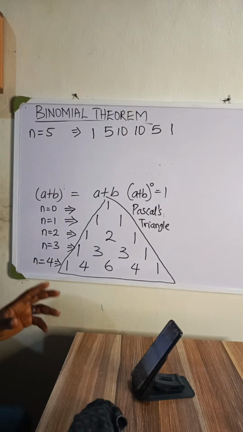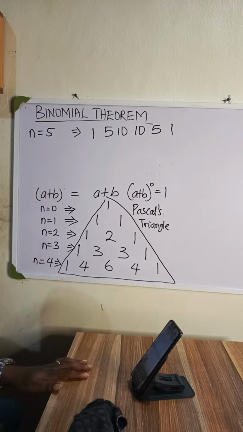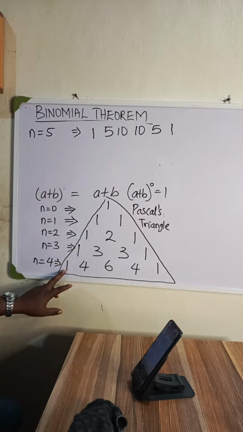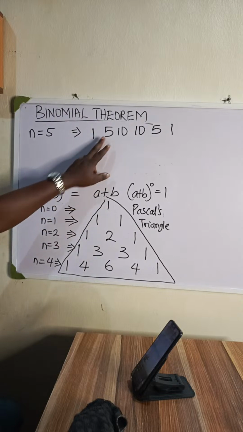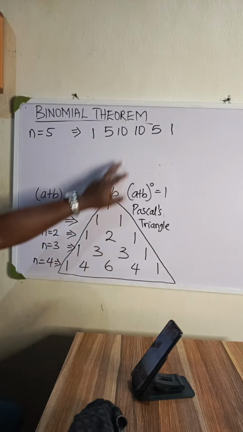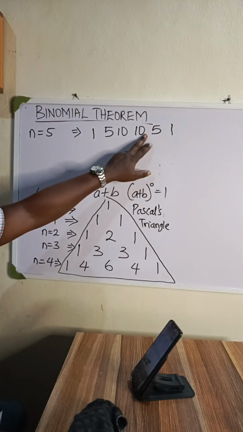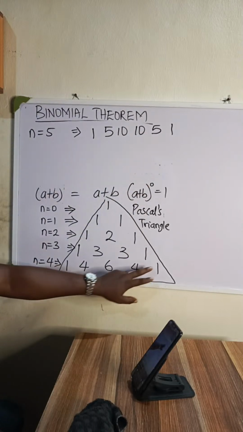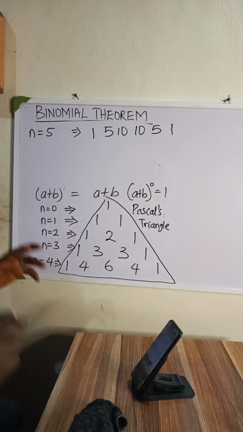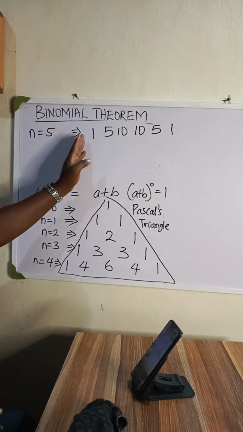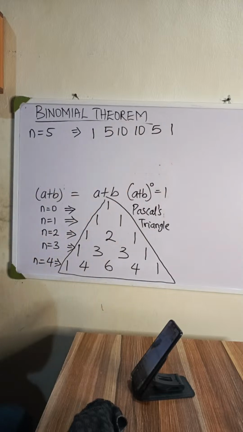So observe it. 1 plus 4 gave us 5. 4 plus 6 gave us 10. 6 plus 4 gave us 10. 4 plus 1 gave us 5. But these numbers must be enclosed by 1 on both sides.